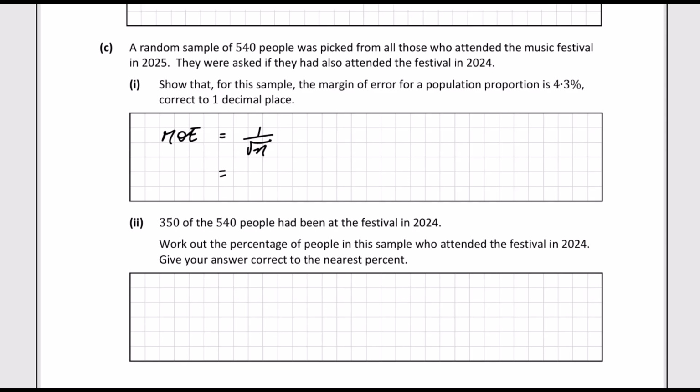So in our case, it's just 1 over 540 square rooted. When you do that, you get 0.043033 and so on. We want this to one decimal place, so that's 4.3%. This is a decimal here, and this is the percent here that they want to one decimal place.